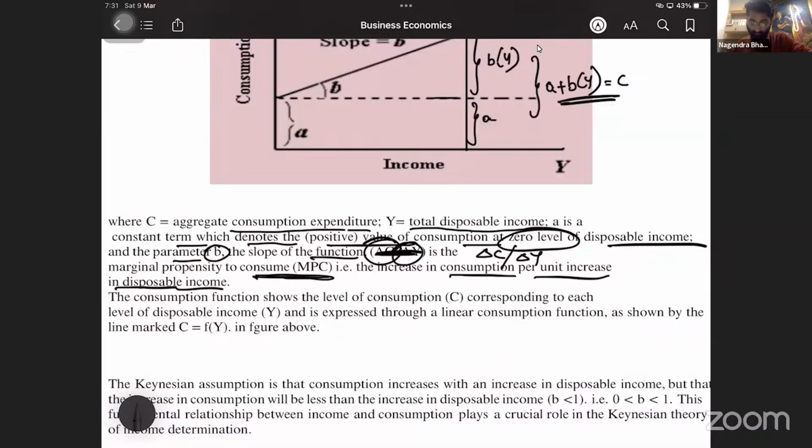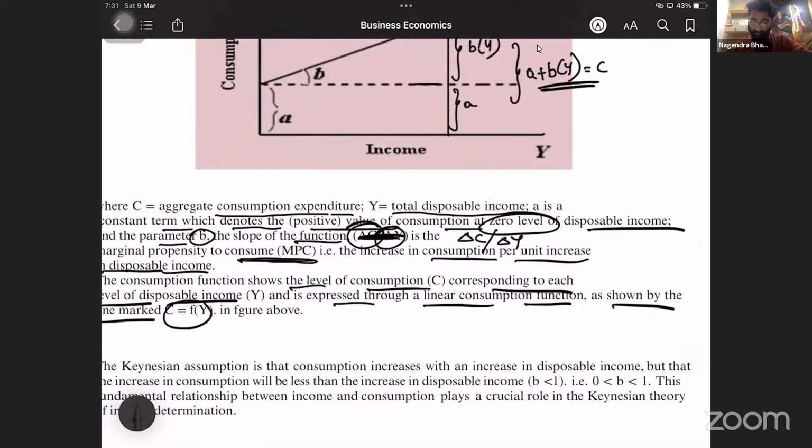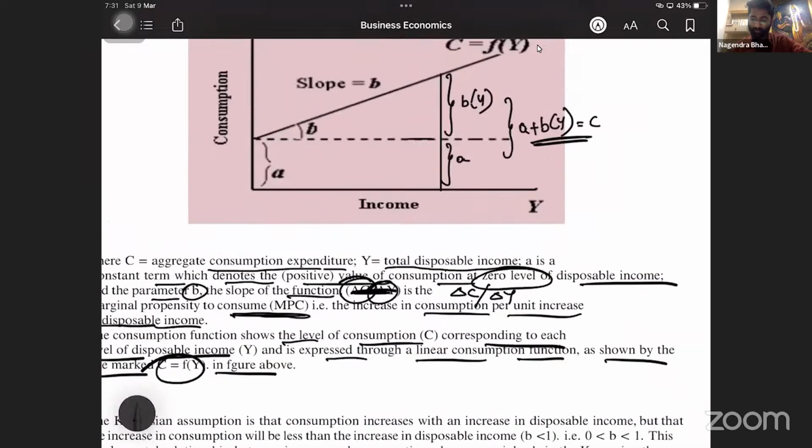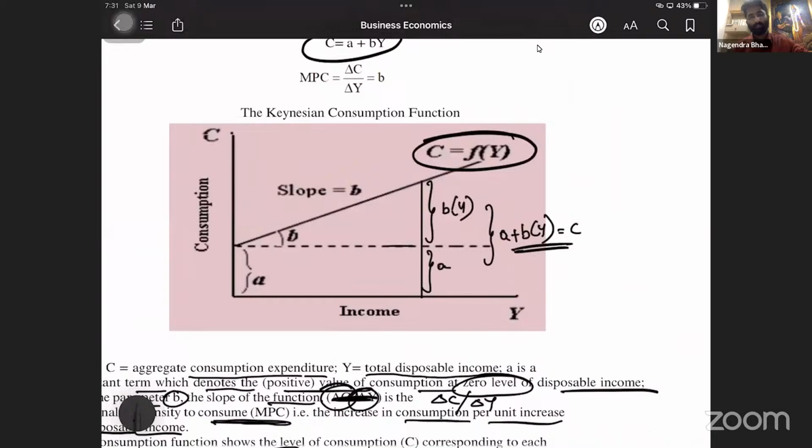So the consumption function shows the level of consumption corresponding to each level of disposable income Y, and is expressed through a linear consumption function as shown by the line marked C is equal to F of Y in the figure above. That is total consumption. So F of Y is equal to A plus BY.